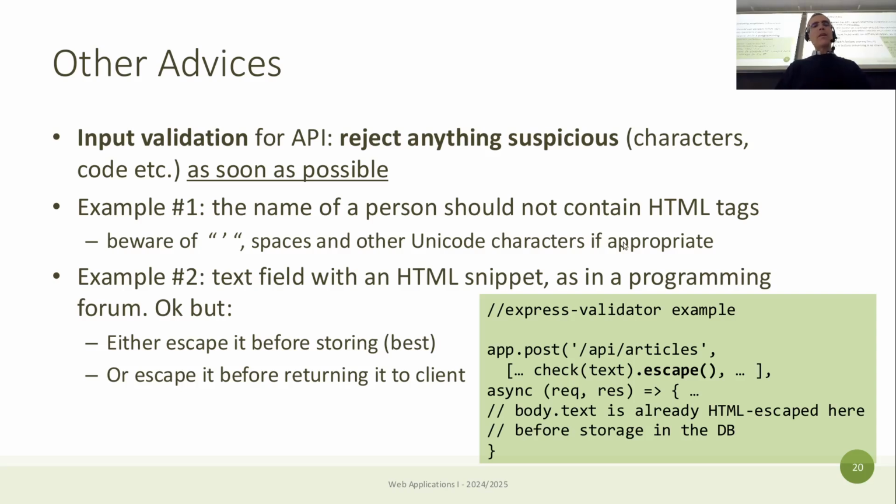Okay. Input validation for APIs. Well, actually, we already saw this point, right? Reject anything suspicious as soon as possible. That's why we insisted on input validation. Because, of course, requests can come from any source.